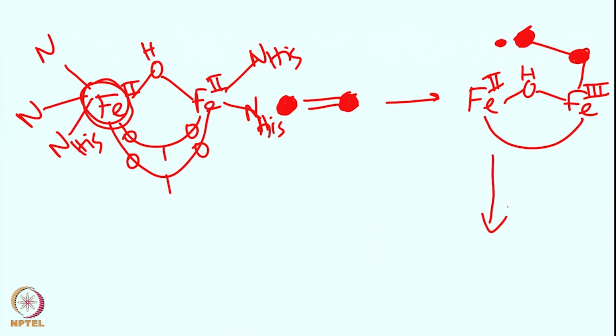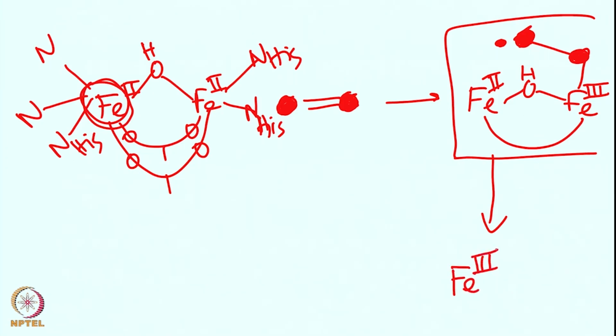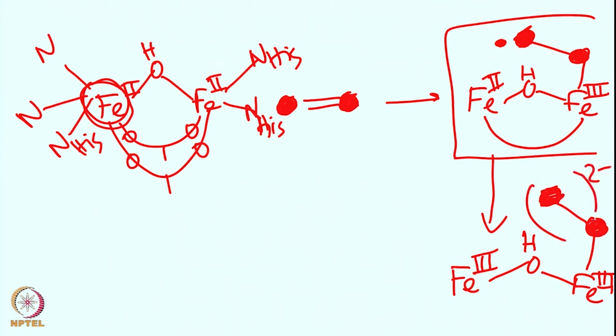Of course, you cannot see such an intermediate; this is an iron 3 superoxo intermediate, which is perhaps going to be extremely difficult to stabilize. So, immediately another electron transfer happens to give you a peroxo intermediate. As you have seen, the whole thing is going to be 2 minus.